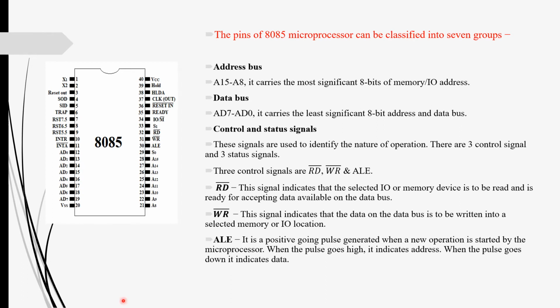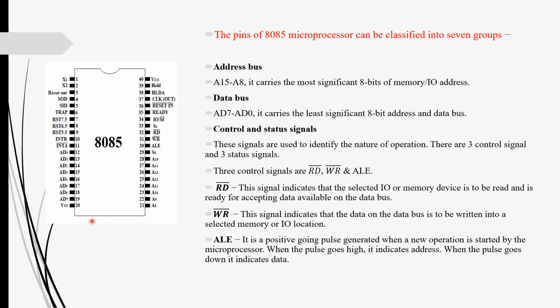So here you can see AD0 to AD7, these are the pins, and A8 to A15. So A8 to A15 pins carry the most significant 8 bits of address, and AD0 to AD7 carry the least significant 8-bit address and data.